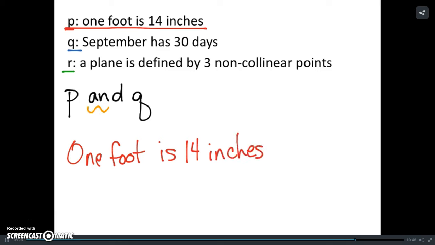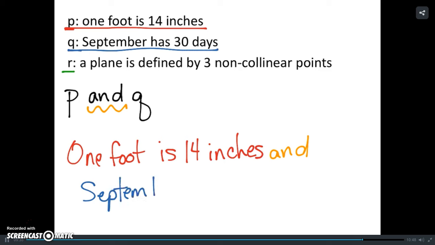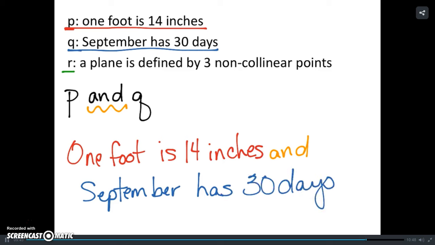And, okay, so that means we have to have the word and. Q says September has 30 days. Okay. So on here, you'll notice we have a sentence now. 1 foot is 14 inches and September has 30 days.